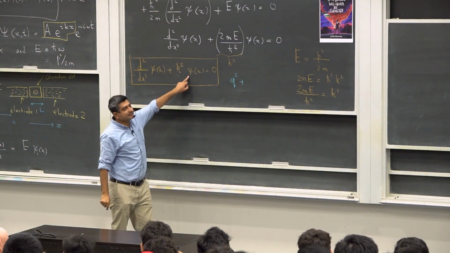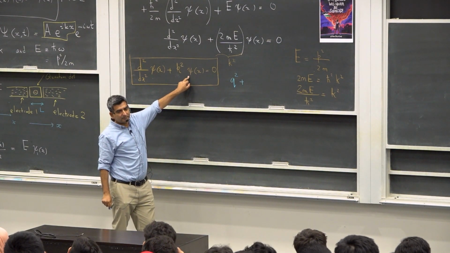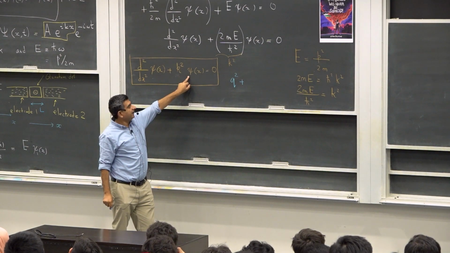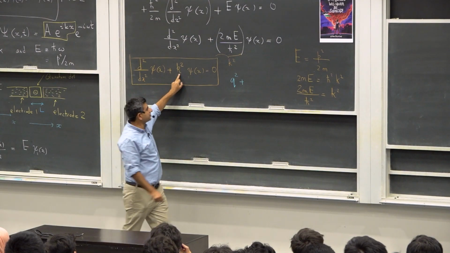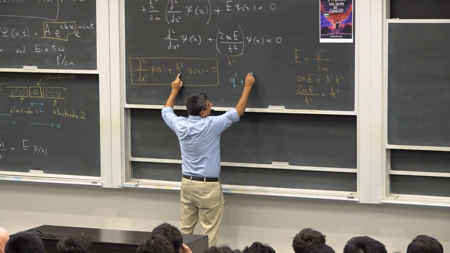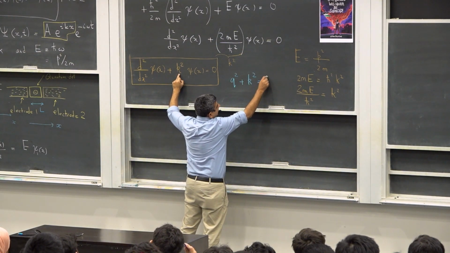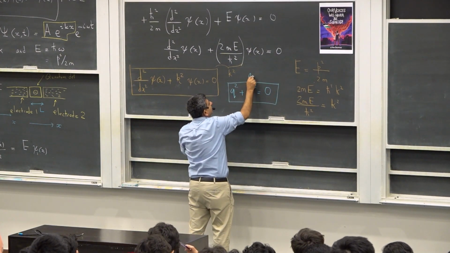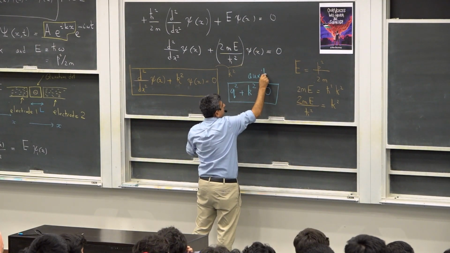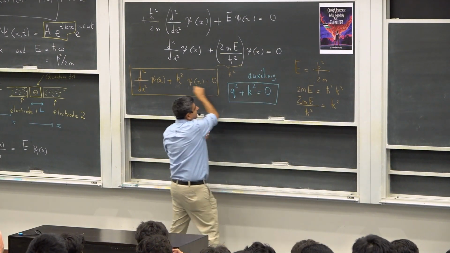Now this term doesn't have any derivative. It is just the wave function itself. So I look at its coefficient k square, write it down, and put this equal to 0. So this equation is an auxiliary or supplementary equation to the differential equation.